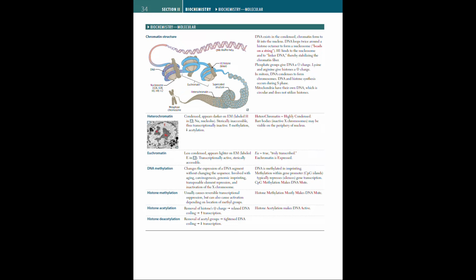But the next one here, euchromatin, it says it's less dense. See in the picture, you can see it's quite open and appears lighter on electron microscopy. It's transcriptionally active, sterically accessible, so you can use it. I was giving the headphone example.